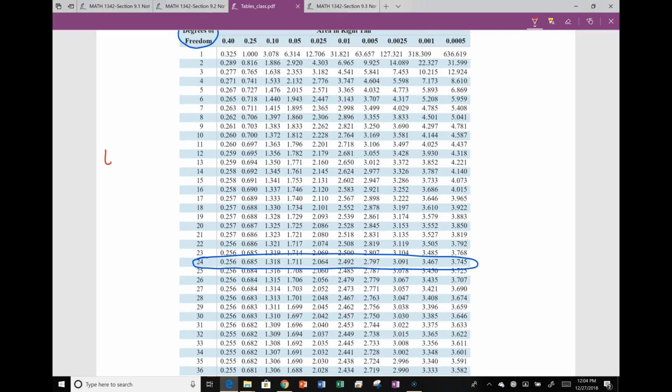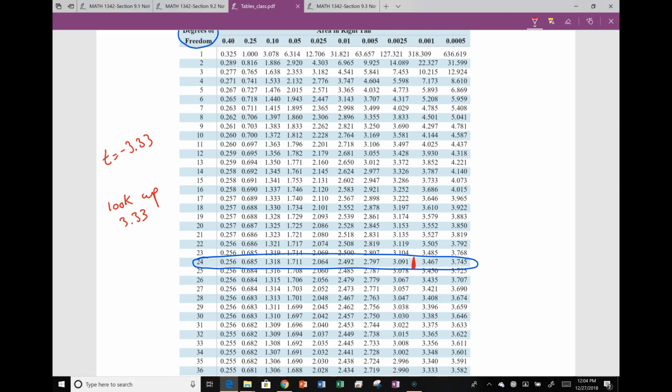We had our t being a negative 3.33 that we calculated. Okay, well, we don't have any negatives here, so we look up a 3.33. So what I'm going to do is look in this row and find out where a positive 3.33 would fall. So looking here, 3.33 would be somewhere between here.